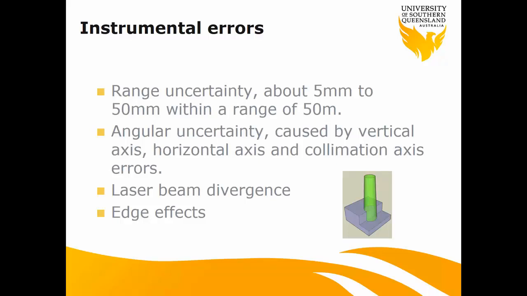This small picture shows you if a laser beam arrives at the target or the scanning object like this, that certainly will create some kind of error, because it's very hard for an instrument to determine the range in this situation, from there or from there.